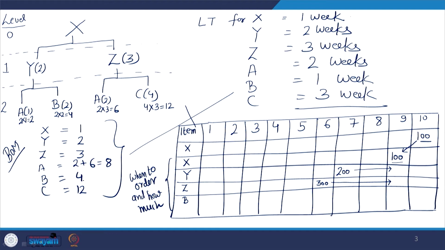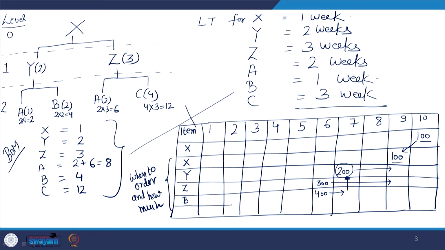So, 4 into 100, that makes 400, and it is having a lead time of 1 week. So, our 7th week we are starting Y. So, in the 6th week we will place the order for B, so that it is available when this is going to start. So, this way you can remember that this is for this particular cycle.